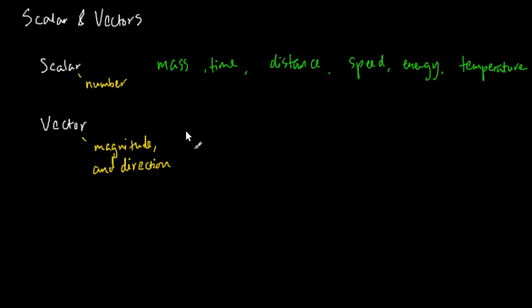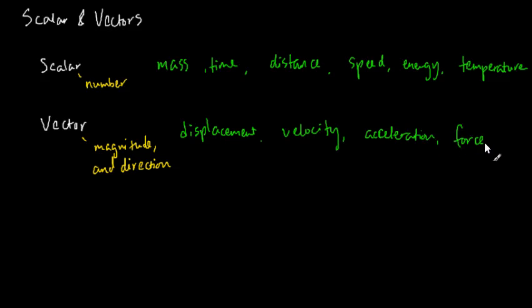Now for vectors, let's look at some examples. A vector could be, say, displacement, velocity, acceleration, force. There can be a few other things, but we'll be mostly looking at these in physics.